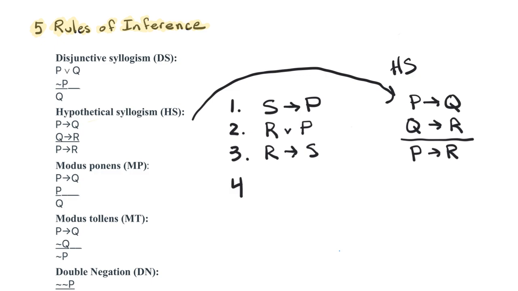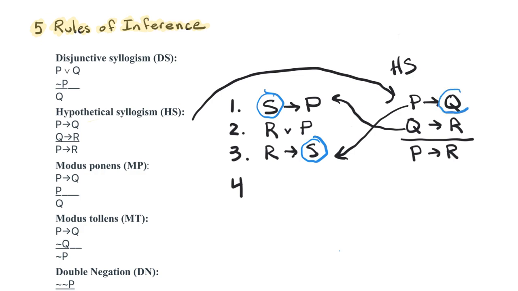Well, we've got two conditionals and a disjunction, and while we might recognize the hypothetical syllogism in this form, we might not be able to see it over here, but it is in fact the case over here. They've just moved around a little bit. Remember, what we're looking for are those chain linkages.